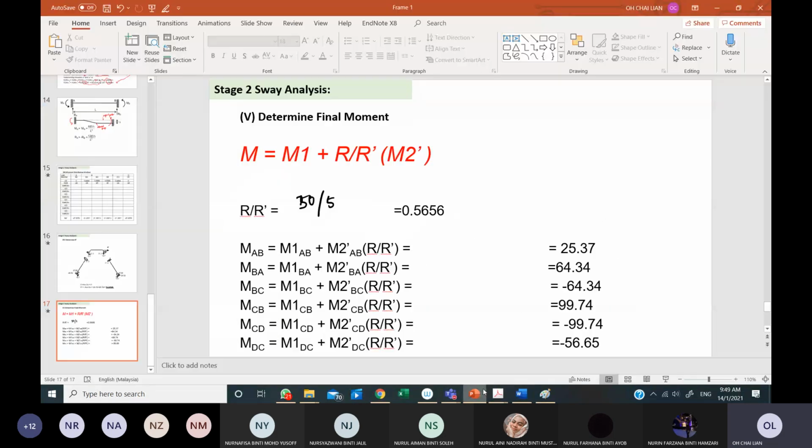So 30 divided by 53, you will get the correction factor, 0.6.